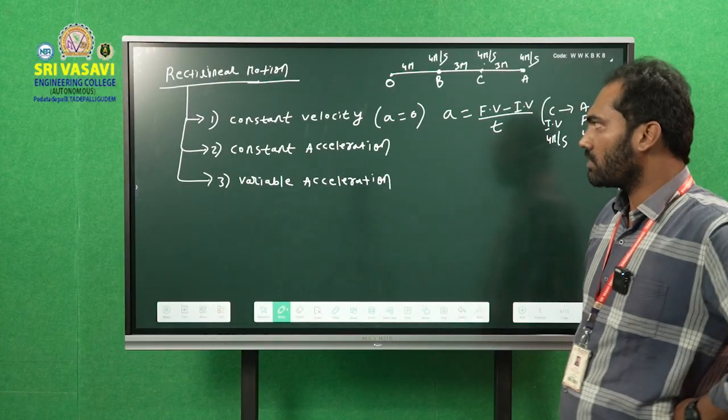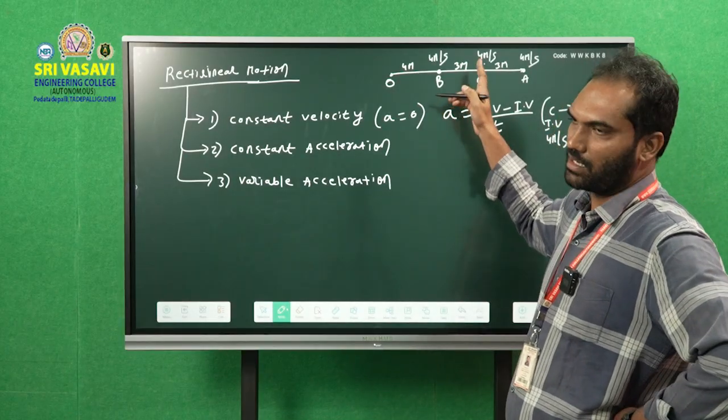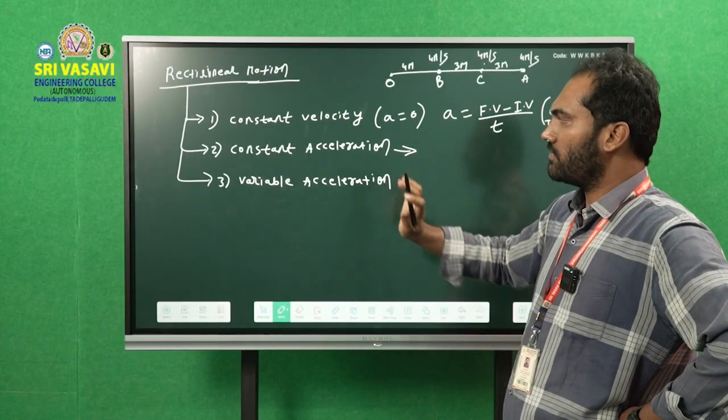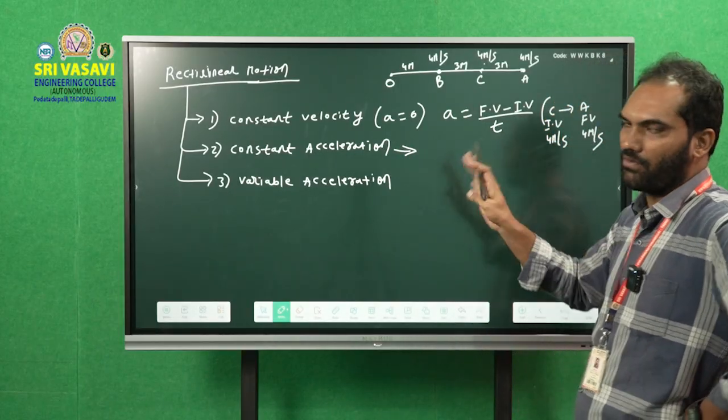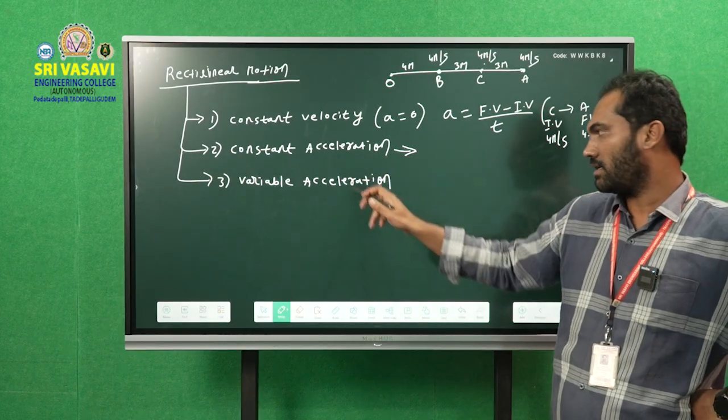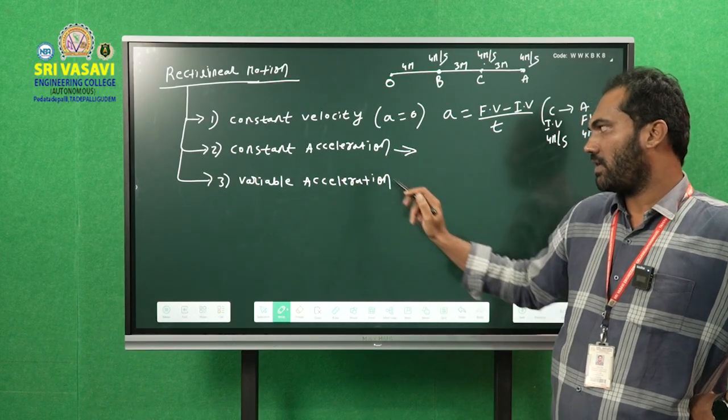When coming to constant acceleration, the acceleration is constant. For that, we have to derive the equations. We have 4 different equations, and in further classes we will derive them. The third one is variable acceleration.